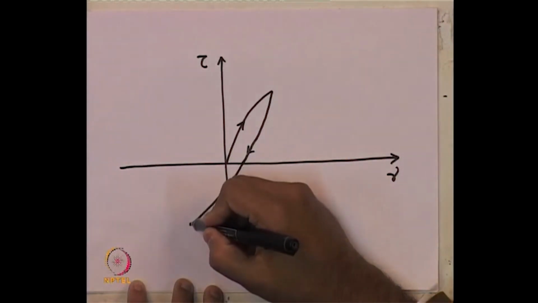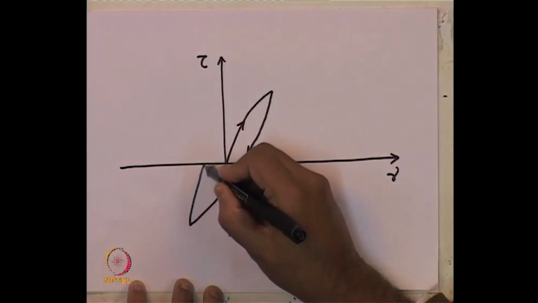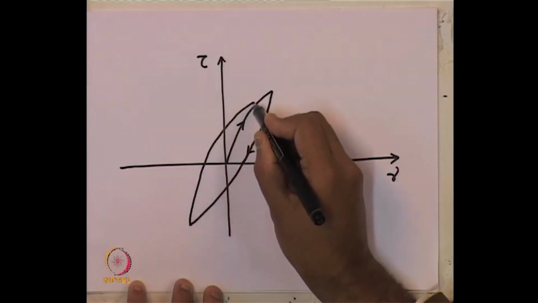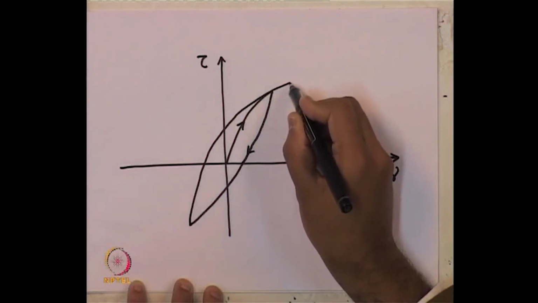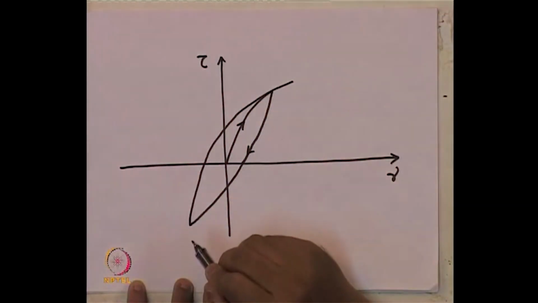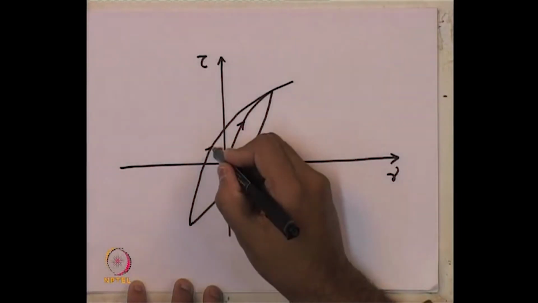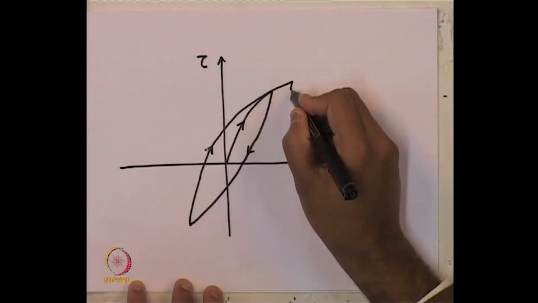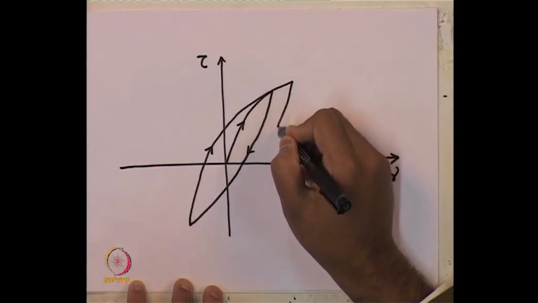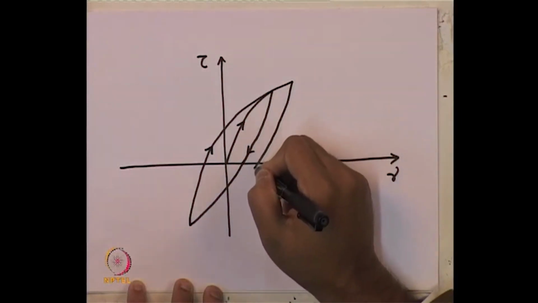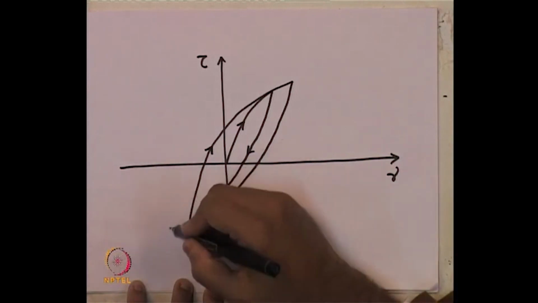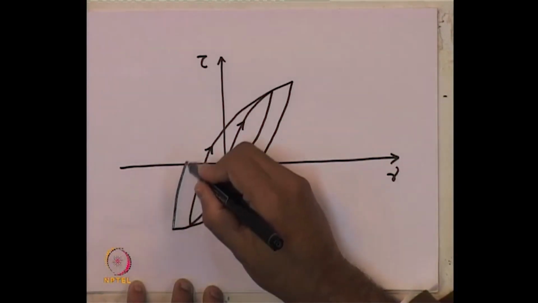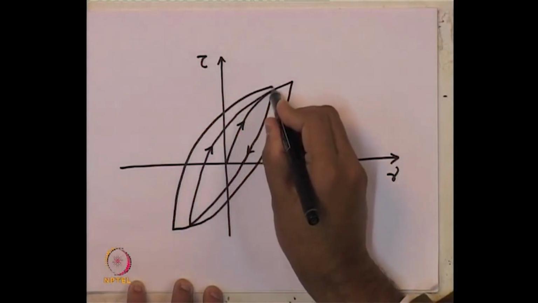Then again we start applying load to the sample, it will go like this, and suppose it reaches this point. After that, we again do the unloading, then again we carry out the reloading.